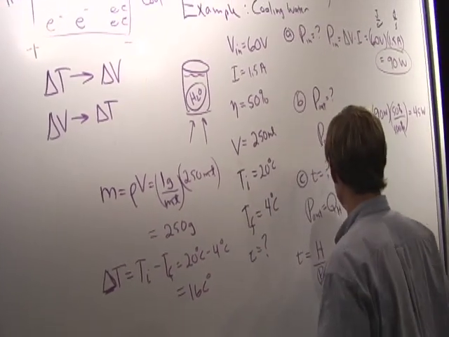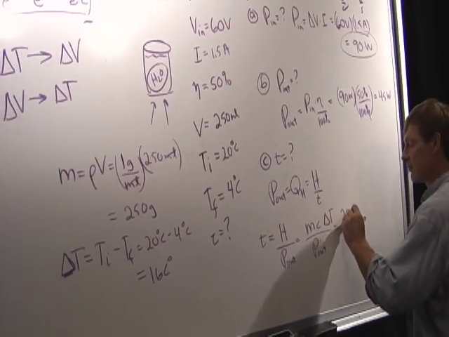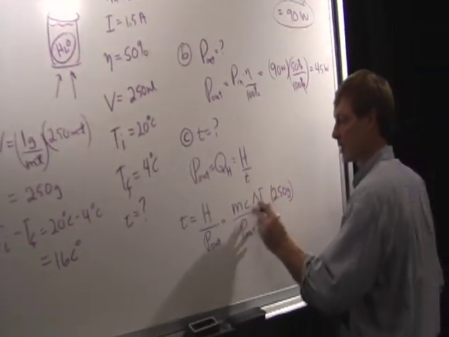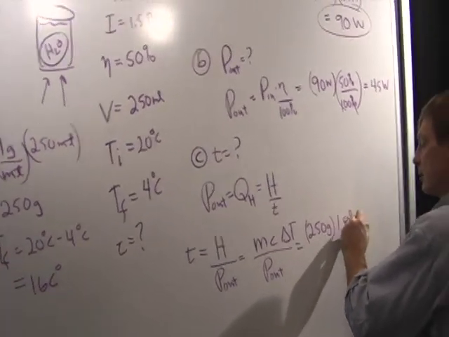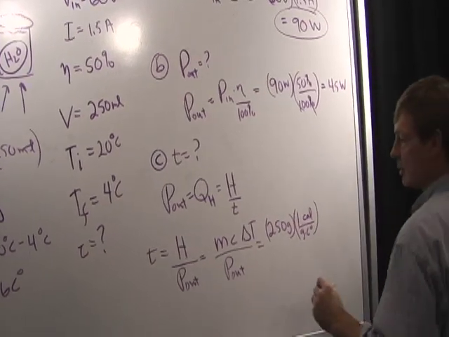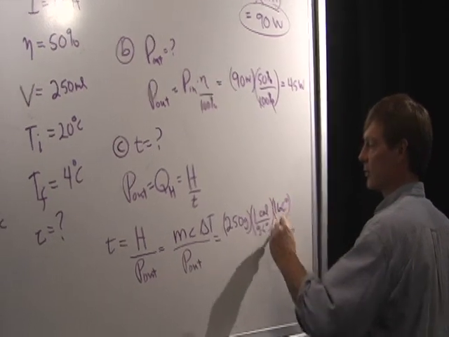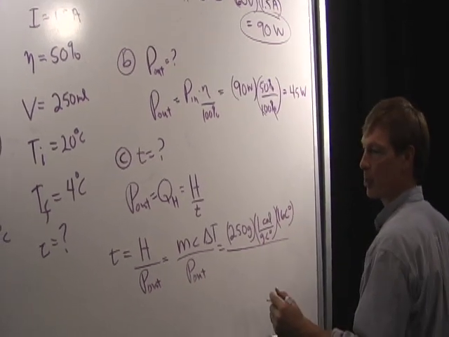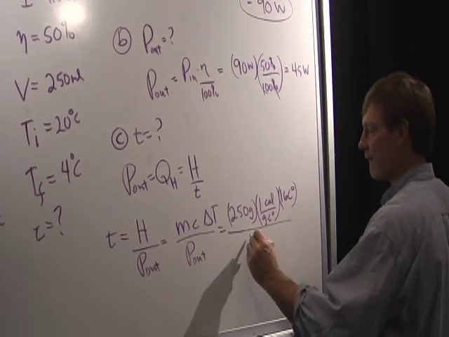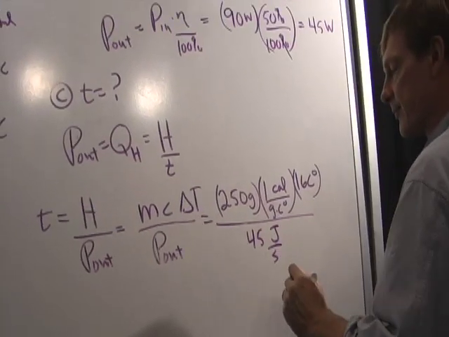And now I think I've got everything I need. I've got 250 grams times 1 calorie per gram per Celsius degree times 16 Celsius degrees divided by the output power, which is 45, I'm not going to say watts, I'm going to say joules per second.